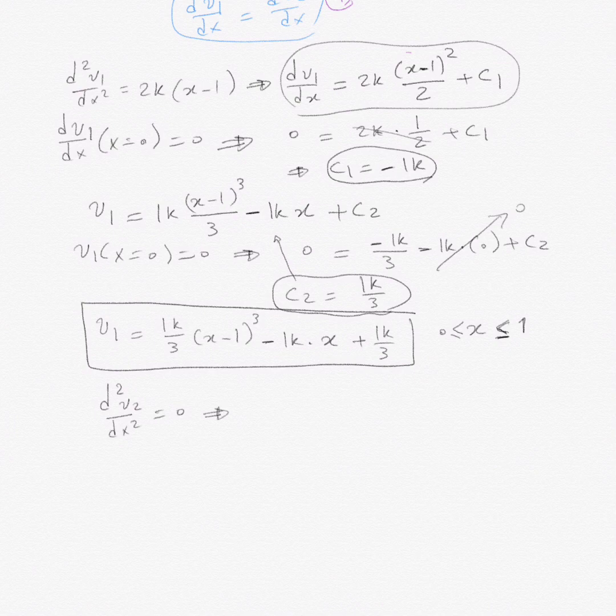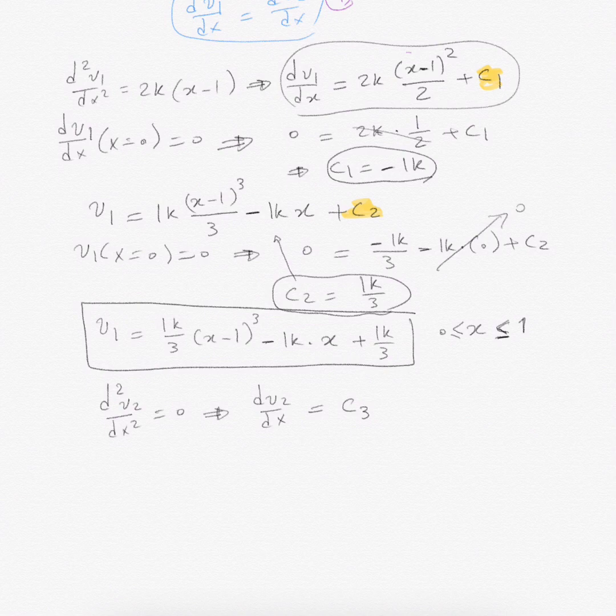The first integral of this equation is dv2/dx is equal to c3. There's a constant of integration because I already used c1 and c2 right here. I've already used c1 and c2, right? Then I need to introduce another constant. Let's call it c3.